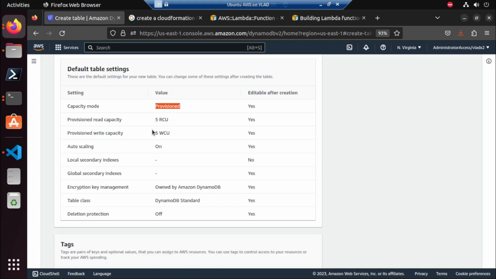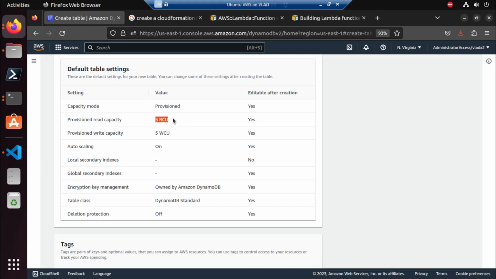So if I have 5 write capacity units, each write per second is 4 KB. So that's the amount. That is my write capacity unit. And for the read capacity unit, there's eventually consistent and strongly consistent reads.